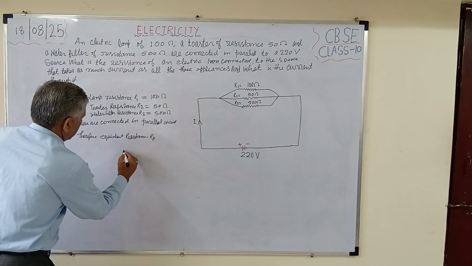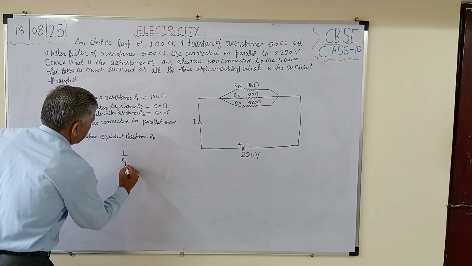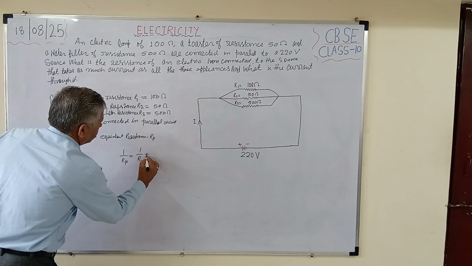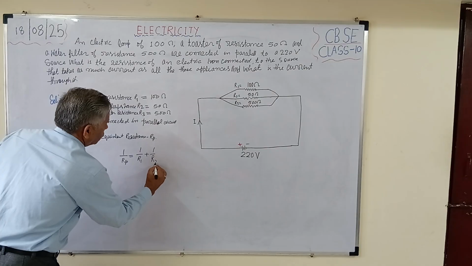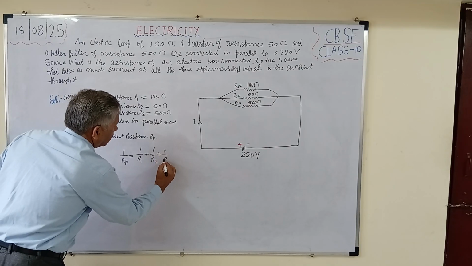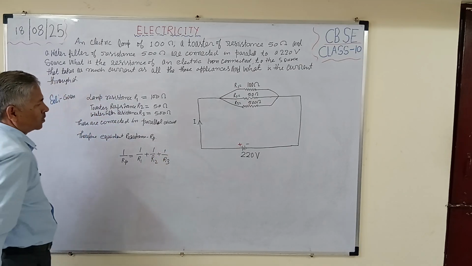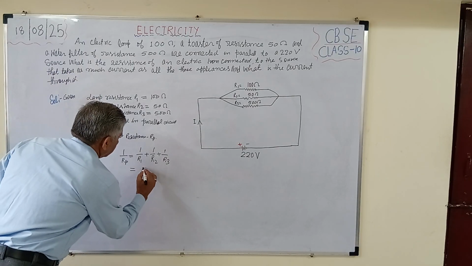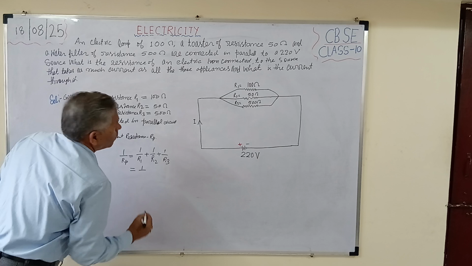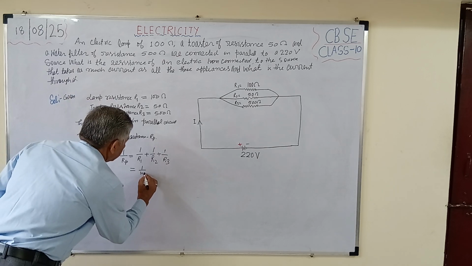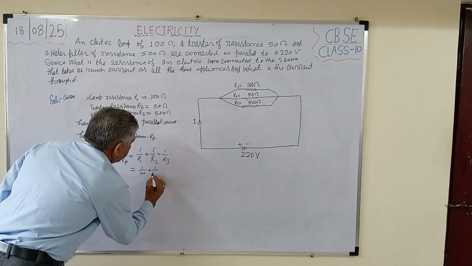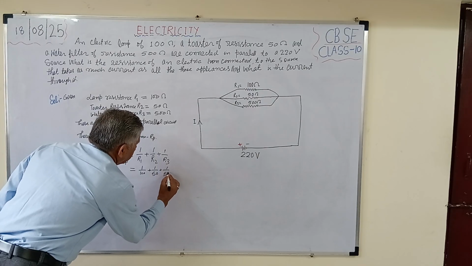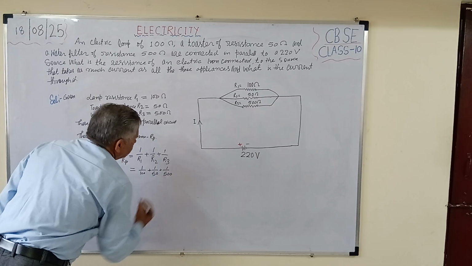Now we will use the formula: 1 by Rp equals 1 by R1 plus 1 by R2 plus 1 by R3. These are three resistances. Now this will be equal to 1 by 100 ohm plus 1 by 50 ohm plus 1 by 500 ohm.